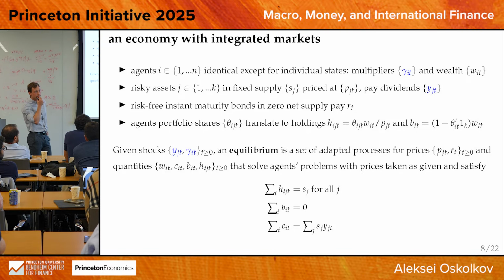So maybe I'm wrong, but as far as I understand here, if all the gammas were the same across individuals, all individuals would make the same portfolio choice.